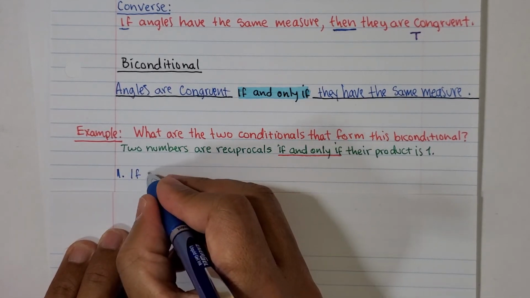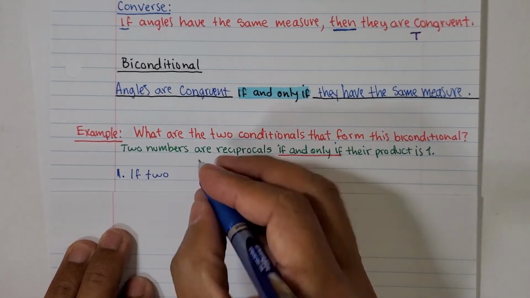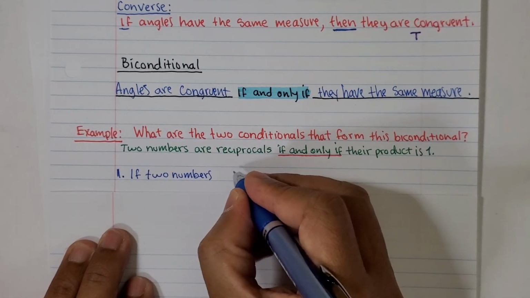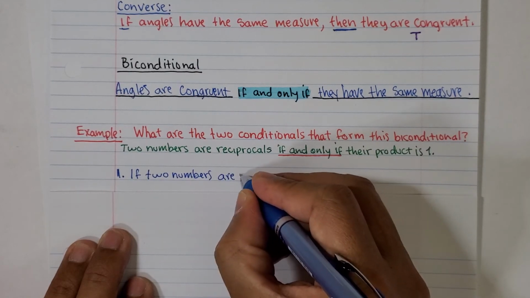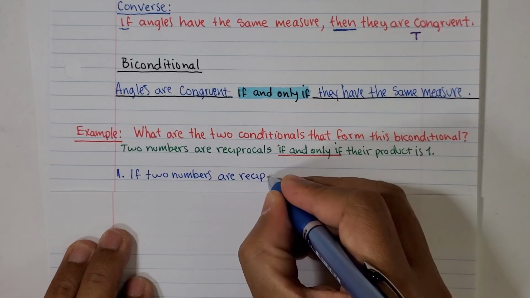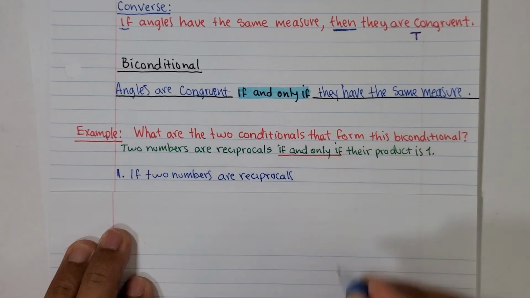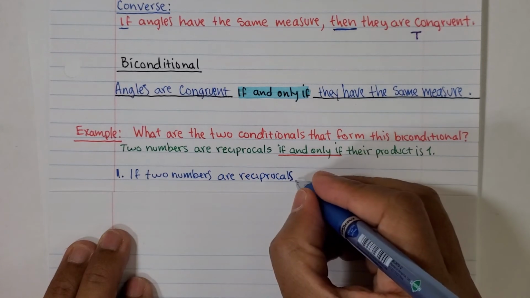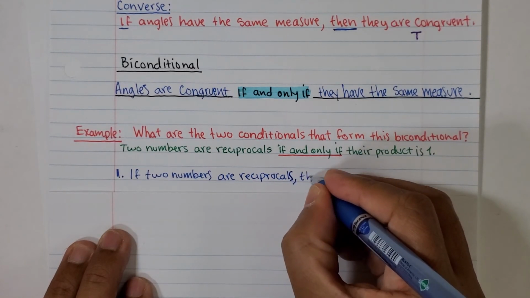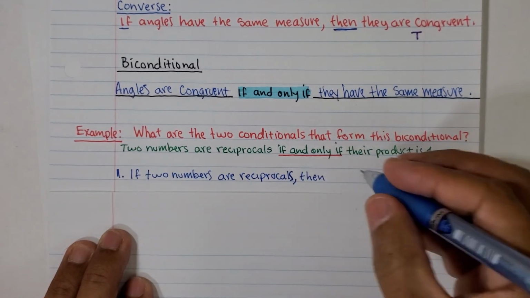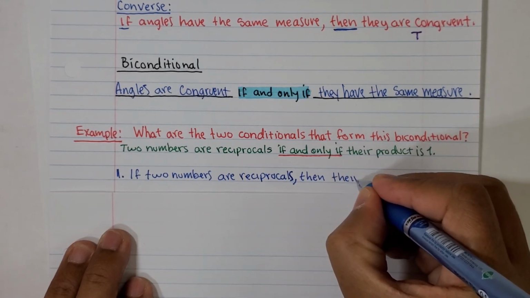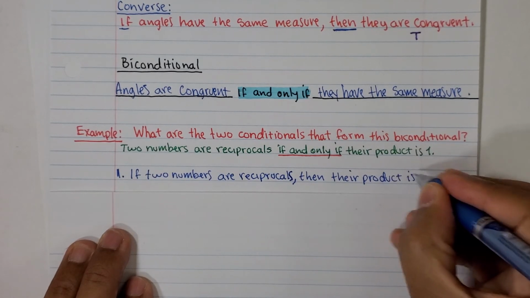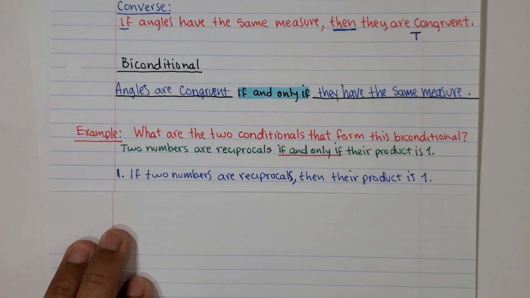If two numbers are reciprocals, then their product is 1. Okay, so there's the first conditional.